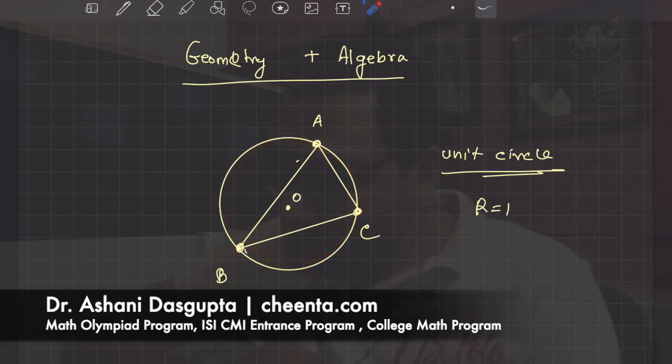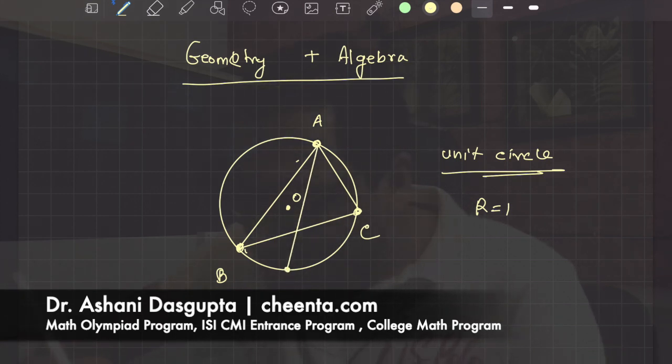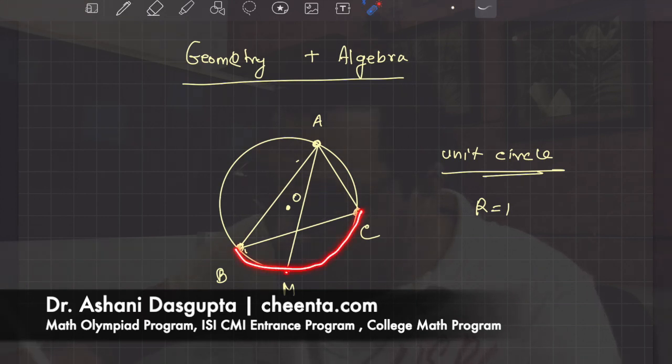Now, I want to draw an angle bisector of angle A that hits this arc BC at the point M. So this is an angle bisector. These two angles are equal.